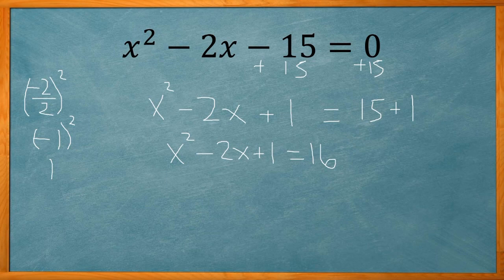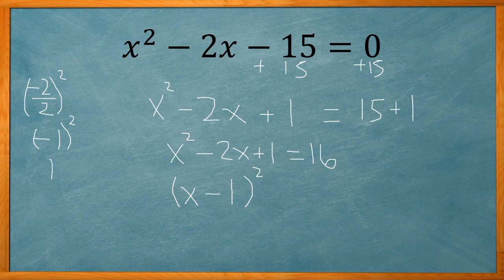Now on the left hand side, I can write this as a perfect square. It's going to be x minus 1, squared.